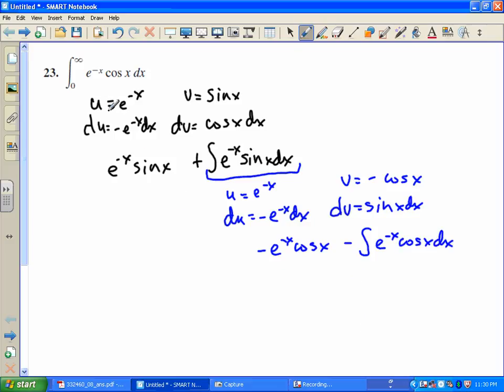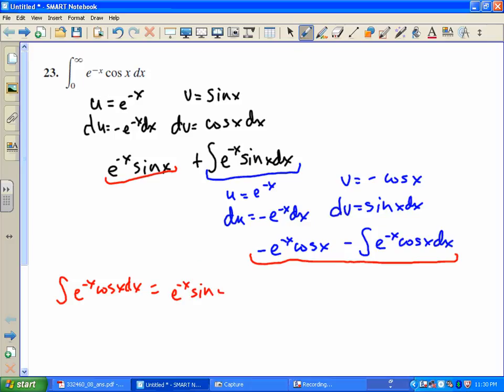Okay. As you can see here now, the integral of e to the negative x cosine x dx is going to equal this whole thing, which will be e to the negative x sine x minus e to the negative x cosine x minus the integral of e to the negative x cosine x dx.